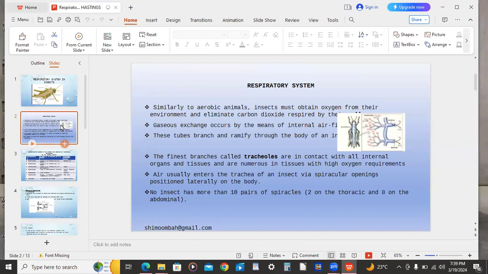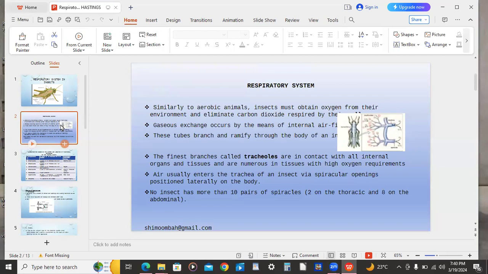Similarly to aerobic animals, insects must also obtain oxygen from their environment and eliminate carbon dioxide respired by their cells. So the gaseous exchange occurs in insects by means of internal air-filled structures called the trachea.